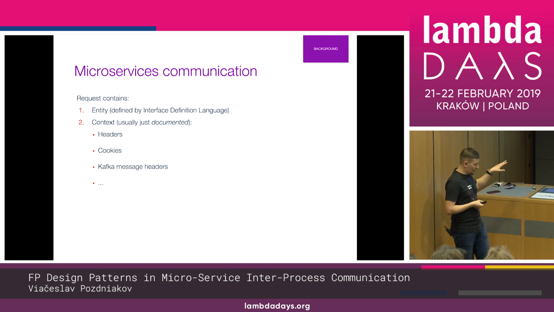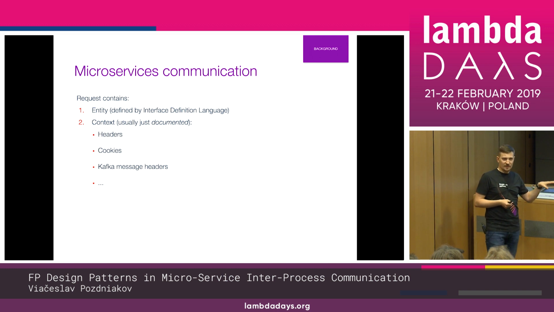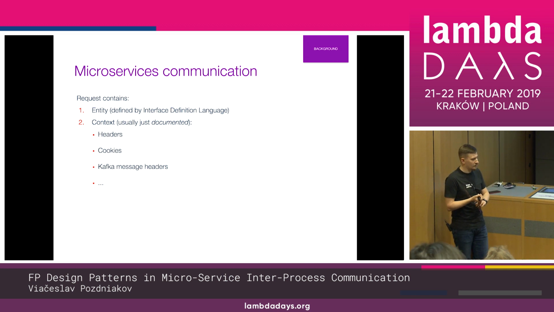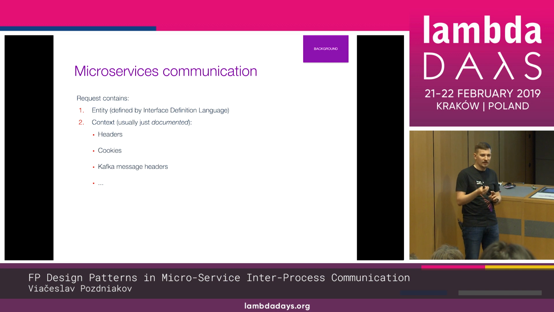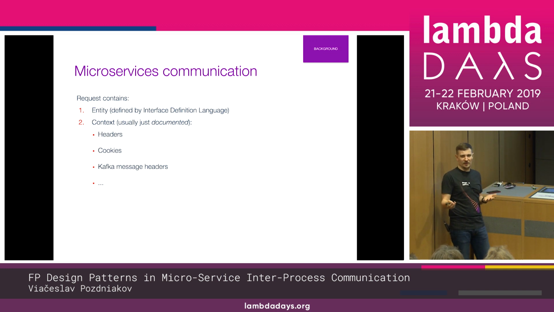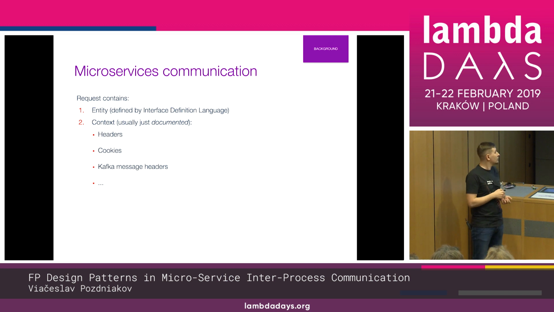And there is also another part of this story: the context of the request, like headers, cookies, and stuff like that. The ugly truth is that usually these things are not defined in a very strict way. They're just documented, saying that you have to have some special cookie in your request for an API to work. And these headers might be present, for example, in Kafka messages. I'm not talking about HTTP strictly now.